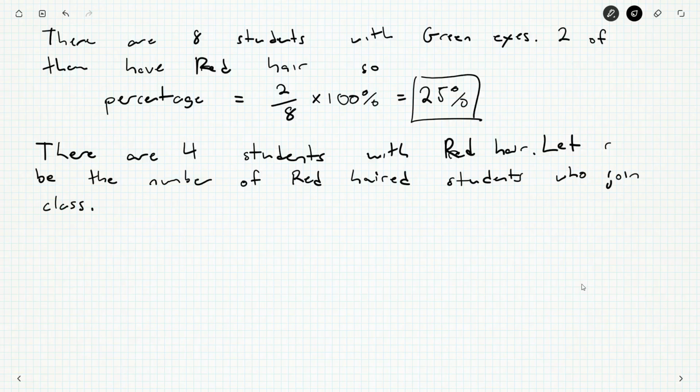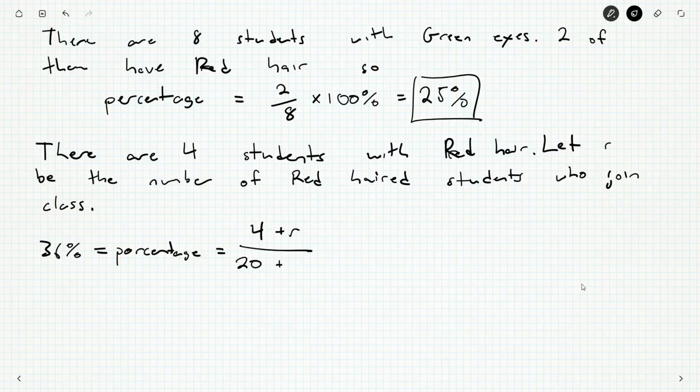Now we have to calculate. We want 36% is equal to our percentage. So that'll be 4 plus the new red-headed students over, and it won't be 20, because as students get added, the total number of students increases as well. So we'll have 20 plus R here, and times the usual 100%.